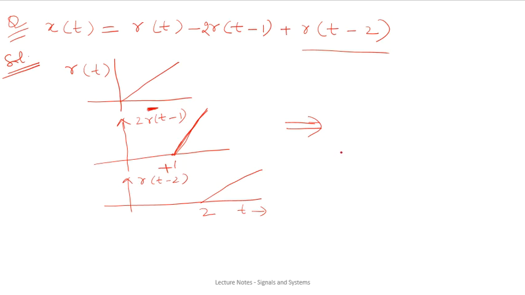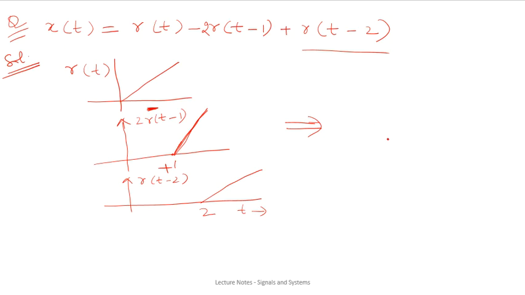You can solve this problem in various ways. The main aim should be just to obtain this final signal by adding or subtracting the different signals. If you have plotted these different signals, you can add or subtract them in different manners.